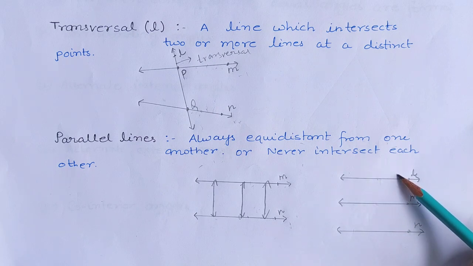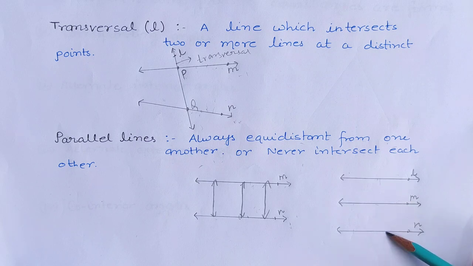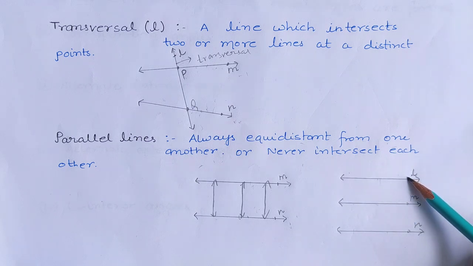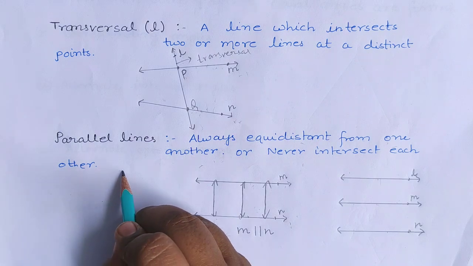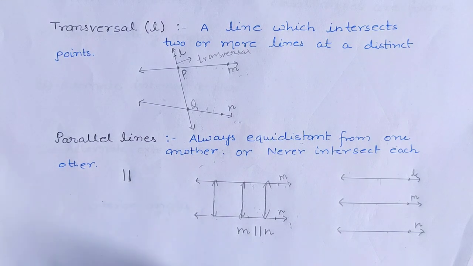So line L is parallel to M and M is parallel to N. We can also say that L is parallel to N. How do we write parallel lines? We denote it like M is parallel to N, using this symbol, which denotes 'parallel to'. So we write M parallel to N, and L parallel to M parallel to N, like this.